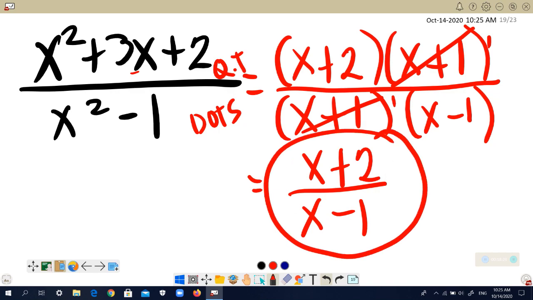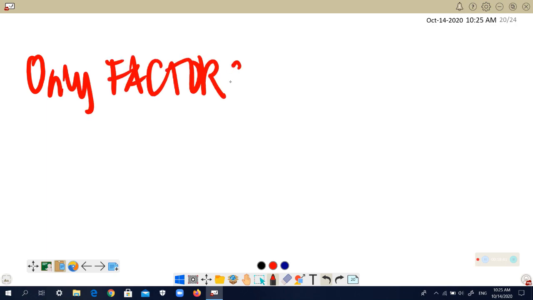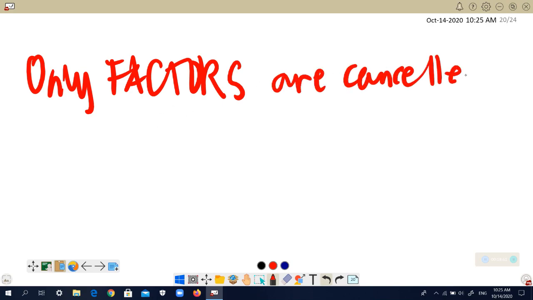You may think, why did I not cancel x here? I have told you earlier that you are going to cancel only the factors, not terms. Again, only factors. Say it with me, again and again. You have to take note of this. Only factors are cancelled, not terms.